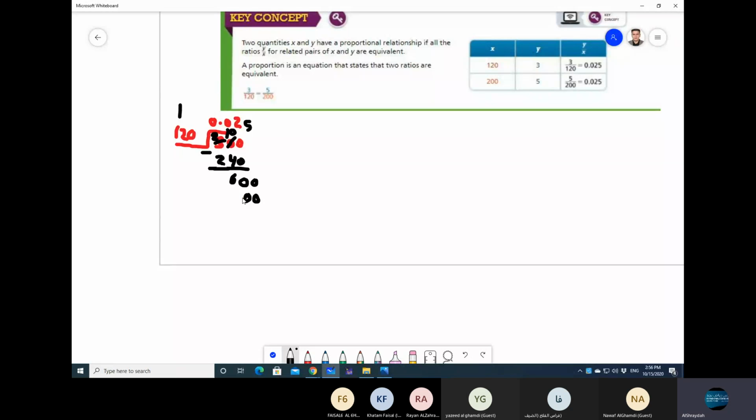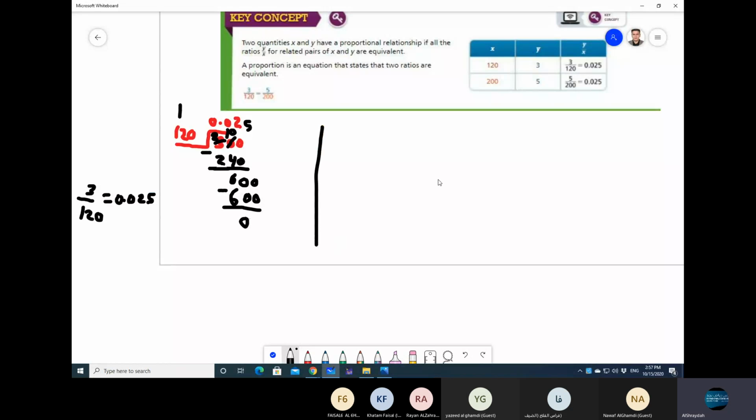So 10 minus 4 gives you 6. So here you have 6, subtract 0. So this fraction, 3 over 120, is equal to 0.025.